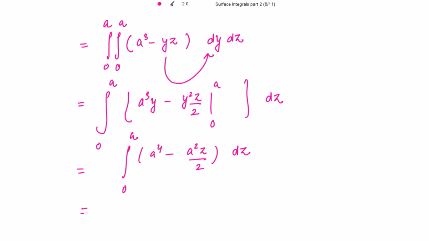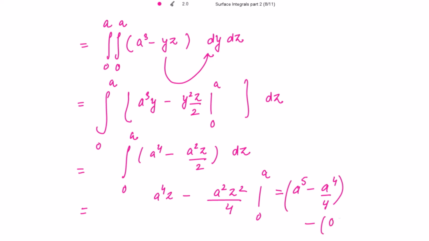Now integrating with respect to z, we get a to the power 4 z minus a square z square divided by 4 with limits 0 to a. Putting z equal to a first, we get a to the power 5 minus a to the power 4 divided by 4, minus, putting the lower limit, we get 0. So the required answer is up to this only, marking this as 4.